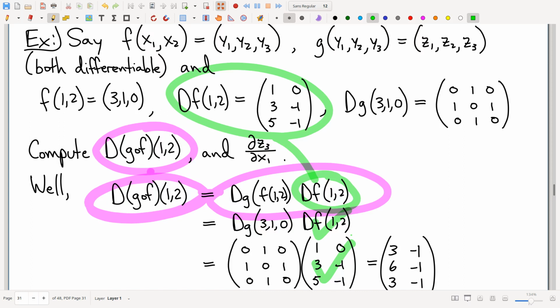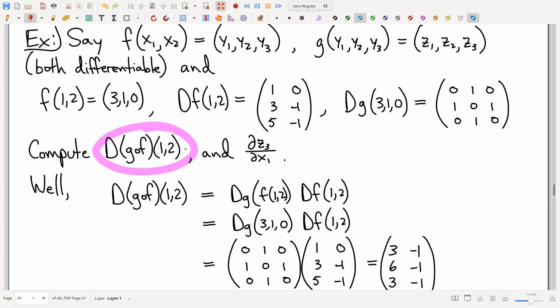Now a little bit more confusing for the other side here. We're going to need DG, evaluated at F of 1, 2. Now, that's just copying from the previous page. You can't evaluate the DG matrix at 1, 2. 1, 2 is in a completely different world. G doesn't apply there. It doesn't make any sense. So is that what we're given?